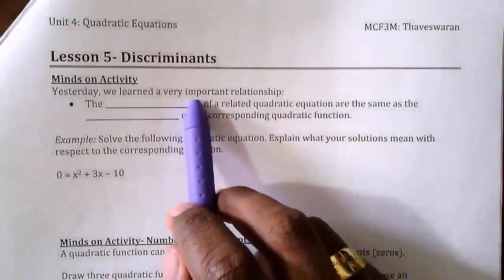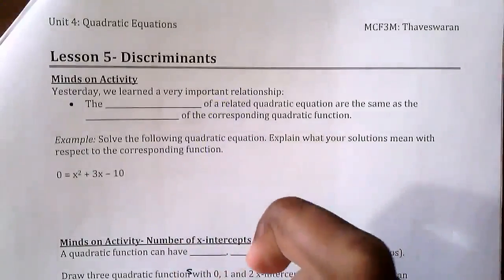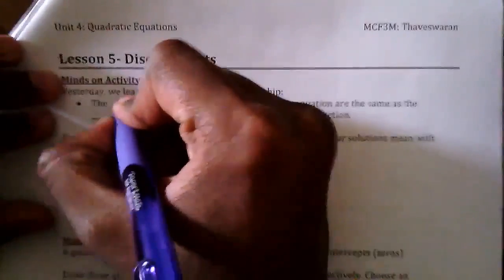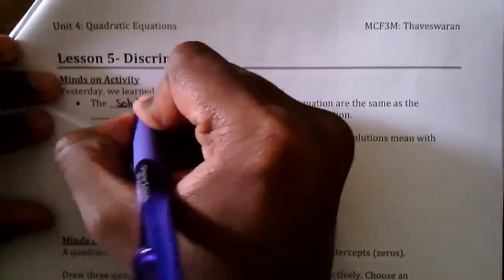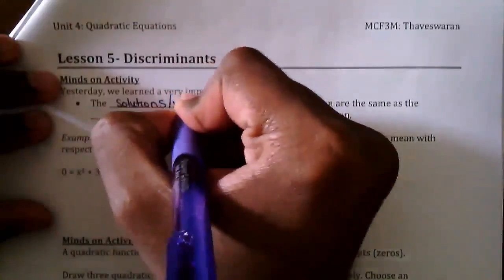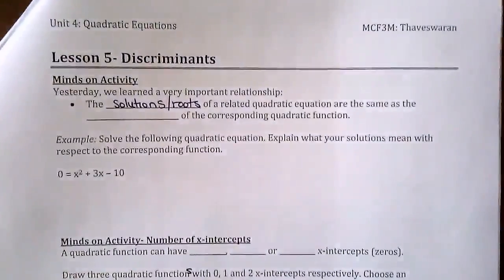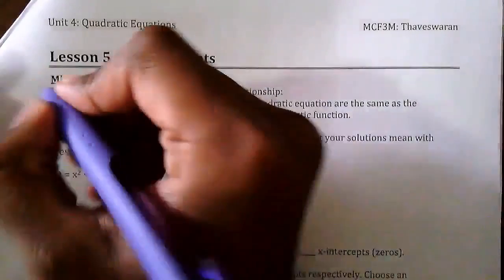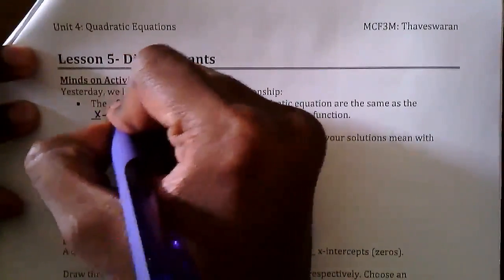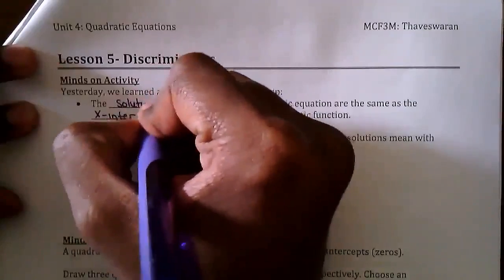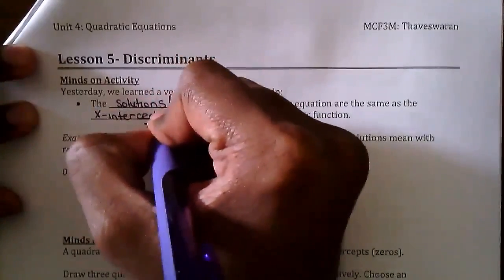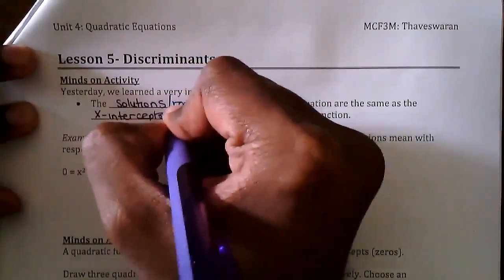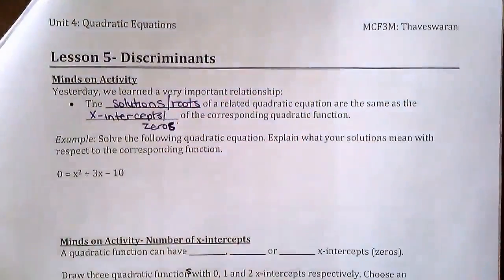So yesterday we learned a very important relationship. We learned that the solutions or roots of a related quadratic equation are the same as the X-intercepts or zeros of the corresponding quadratic function.